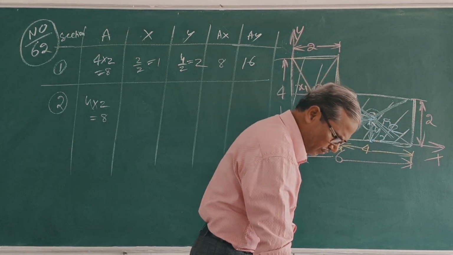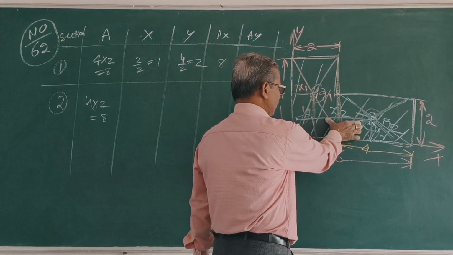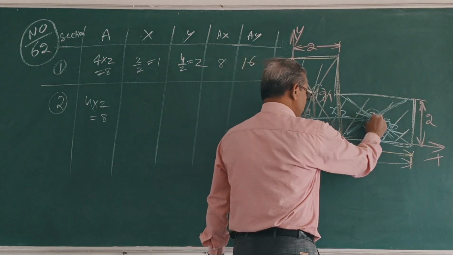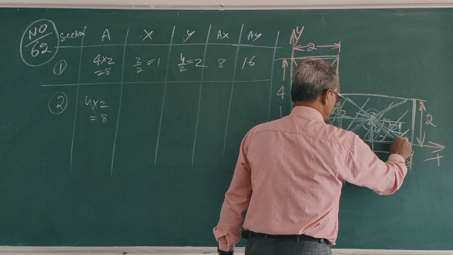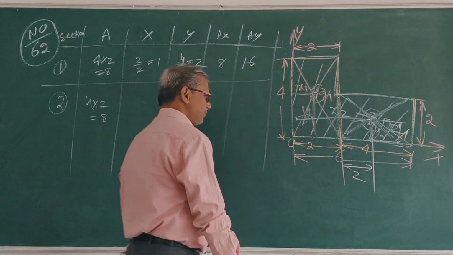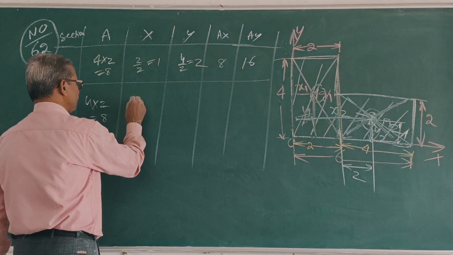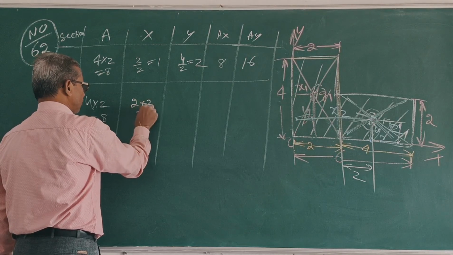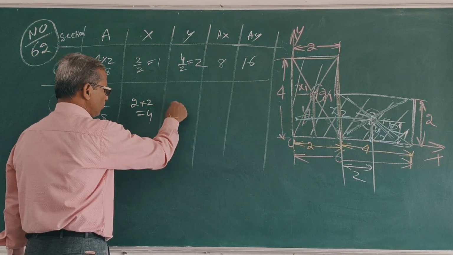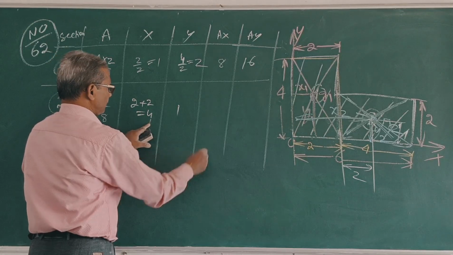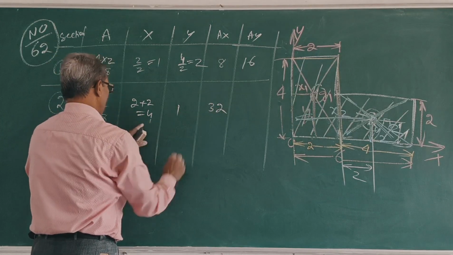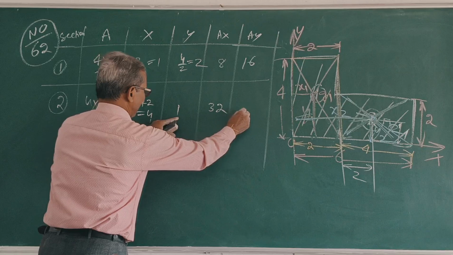Clear? What is x2? 2 plus 2, which is 4. What is y2? 1. What is Ax? 8 into 4, 32. What is Ay? 8 into 1, 8.